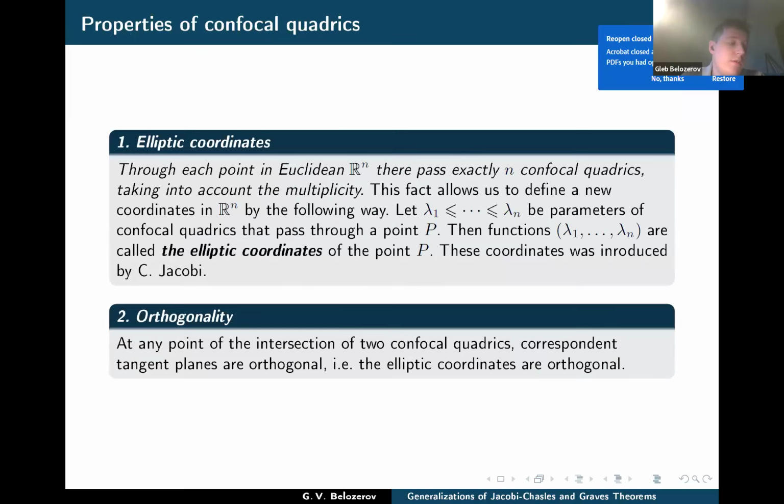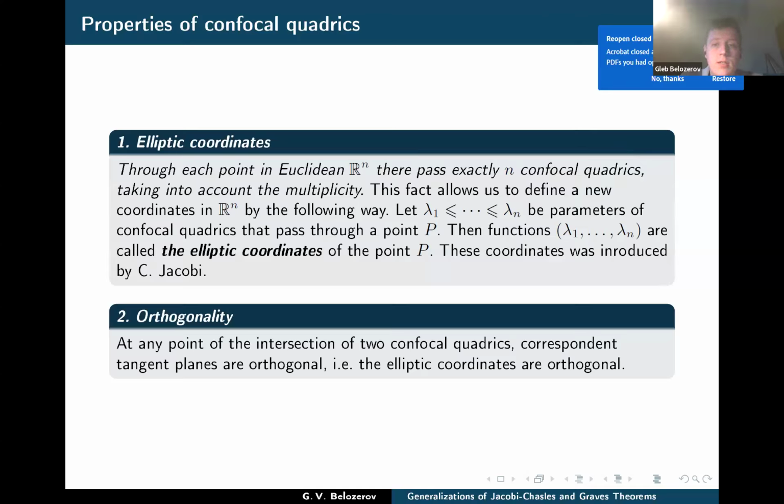The family of confocal quadrics has a lot of important properties, but I want to tell you about two of them. Through each point in Euclidean R^n, there pass exactly n confocal quadrics, taking into account multiplicity.